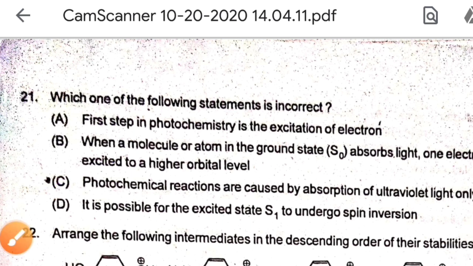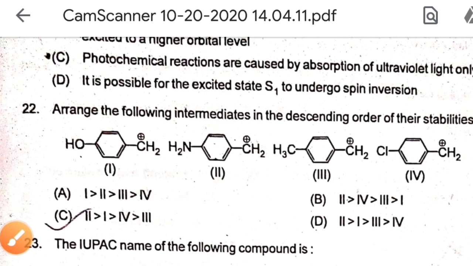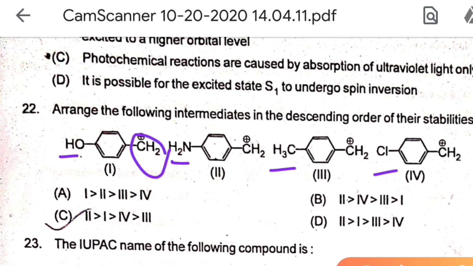Okay, the next question number 22. Here, arrange the following intermediates in the descending order of their stabilities. Okay, this is a good question actually. Here, see, electron donating groups, that is OH, NH2, CH3, Cl, all of these stabilize the carbocation attached to the intermediate compound.